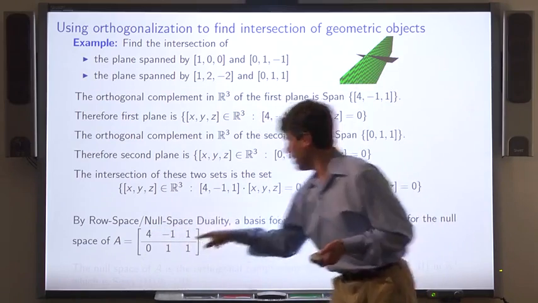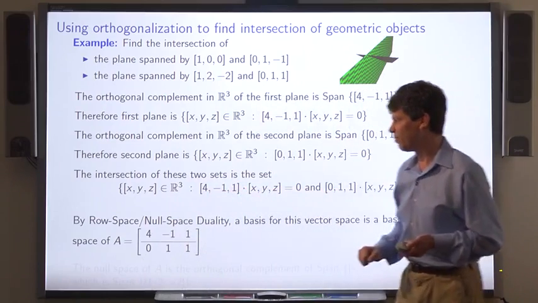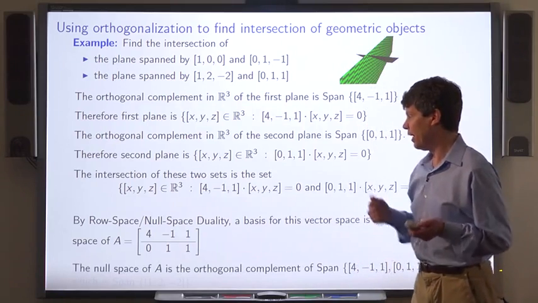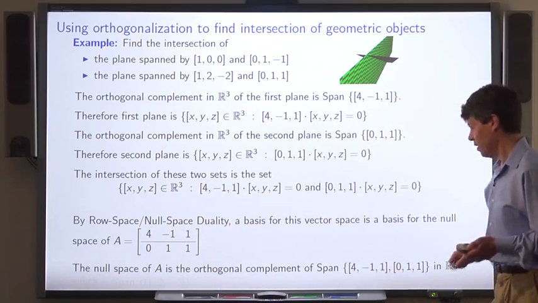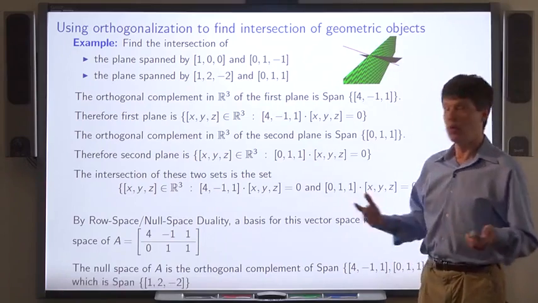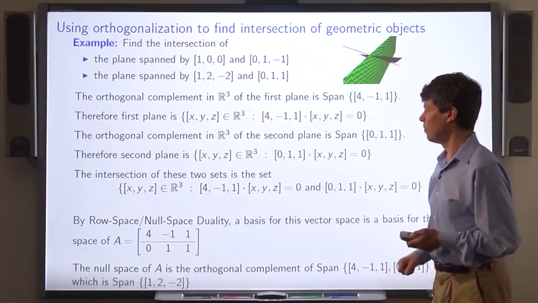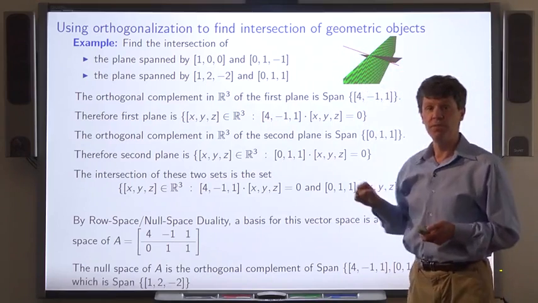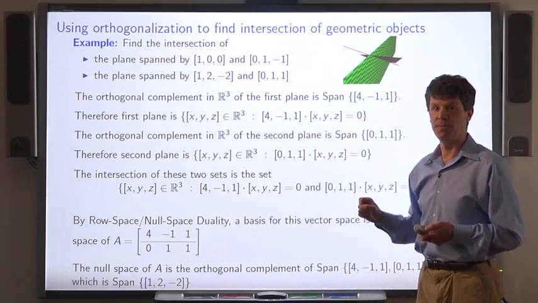Notice that the rows of this matrix are the vectors in this formulation of the set. And the null space of A is the orthogonal complement of the span of its rows in R3, which we can determine is the span of this vector. That shows that the intersection is the span of the vector 1, 2, minus 2.